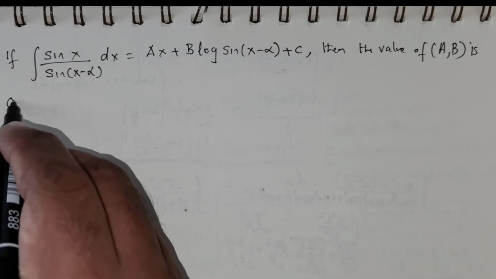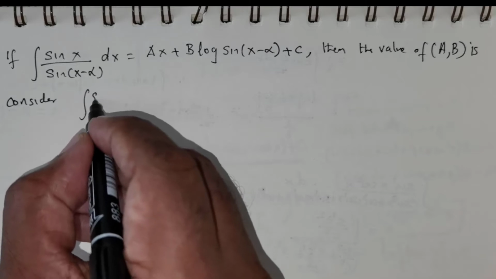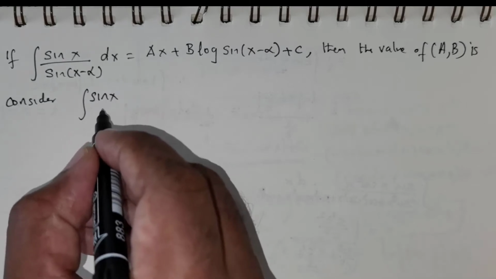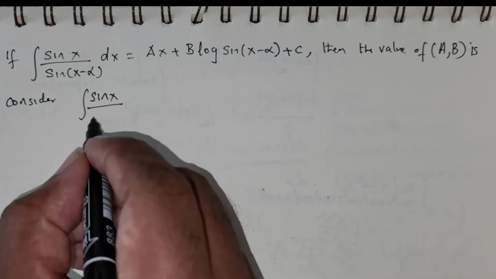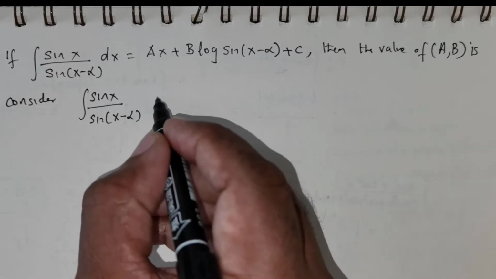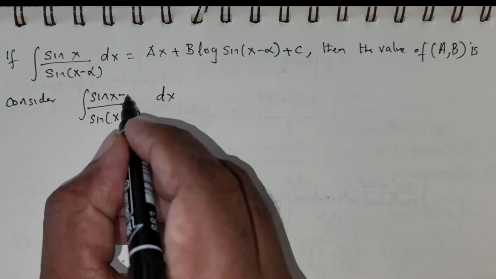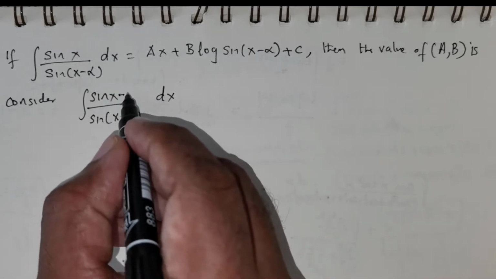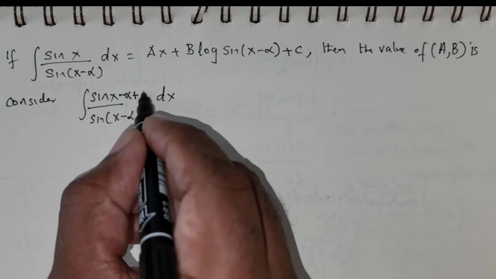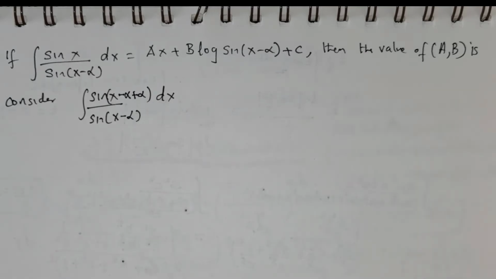So foremost, I will start off by considering the given integral, sin x over sin of (x minus alpha) dx. Now what I wish to do is add negative alpha and remove the same. In other words, I'm adding alpha and taking away alpha.